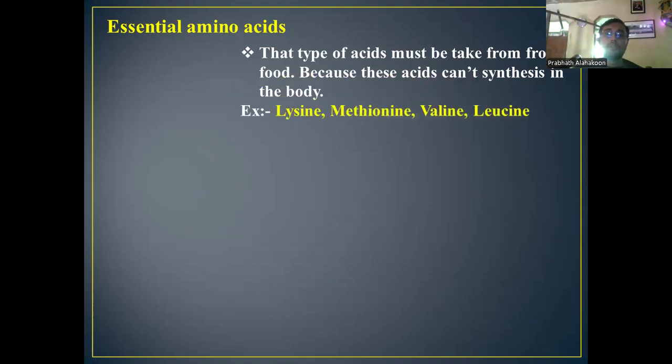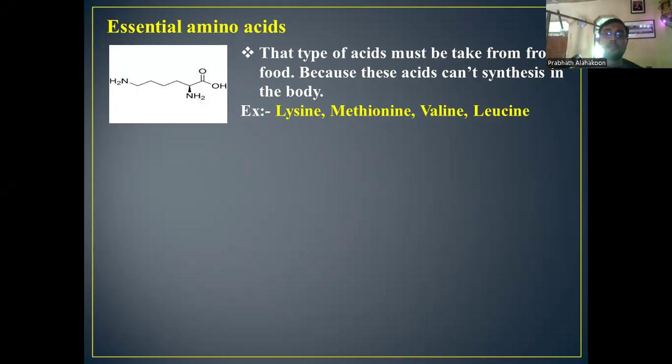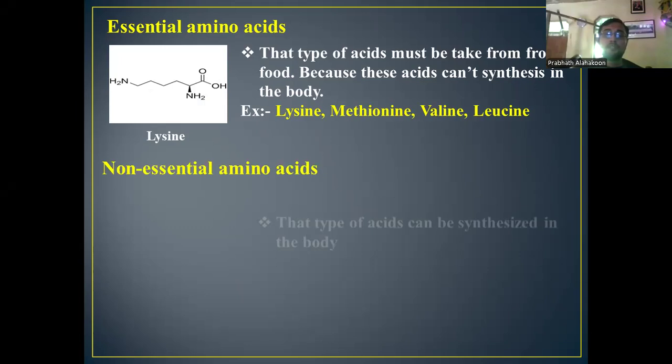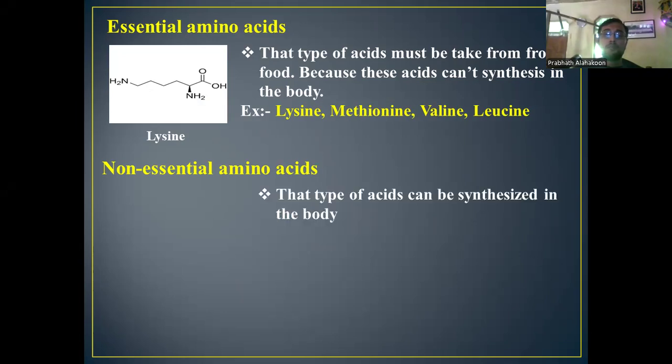Examples of essential amino acids are lysine, methionine, valine, and leucine. You can use the first picture to identify lysine. Another amino acid type is non-essential amino acids. This type of acid can be synthesized in the body.